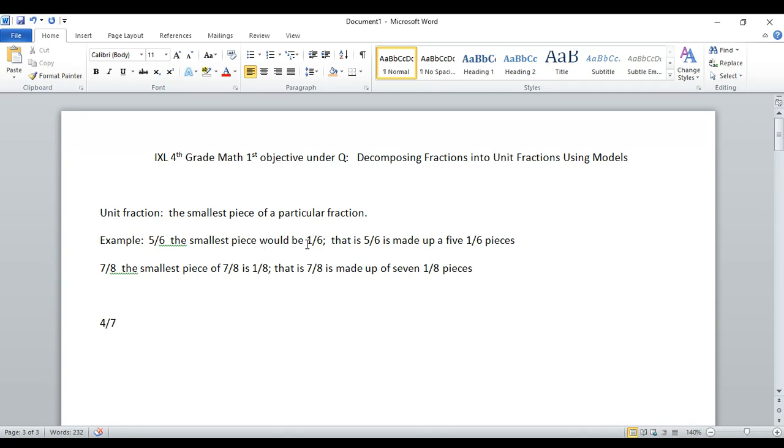Remember, we're going to keep the denominator the same, and we're just going to take one piece from it, because 5/6 is made up of 5 1/6 pieces. Just like with 7/8, if we had something that was 7/8 inches long, we could take 1/8 of that, because 7/8 is made up of 7 1/8 pieces.